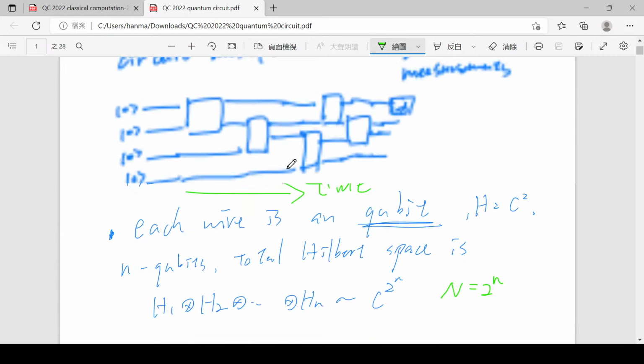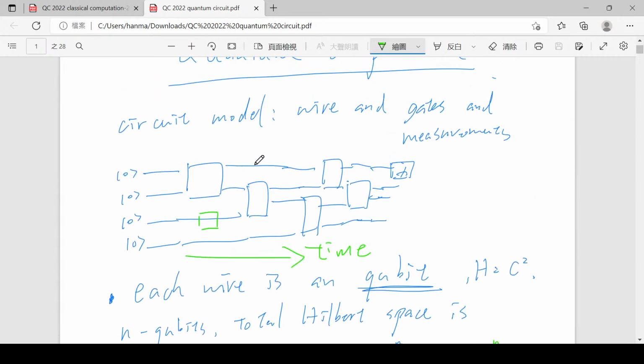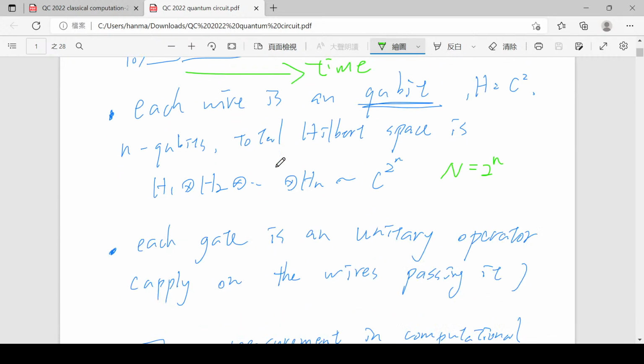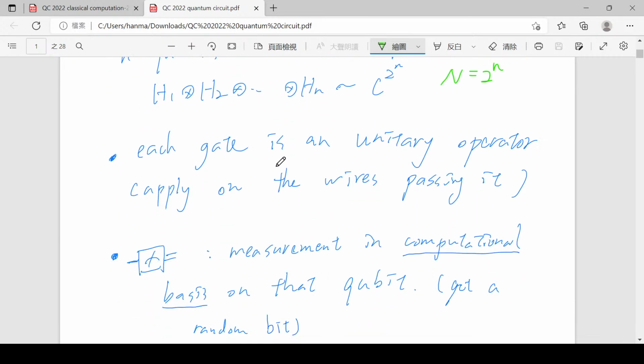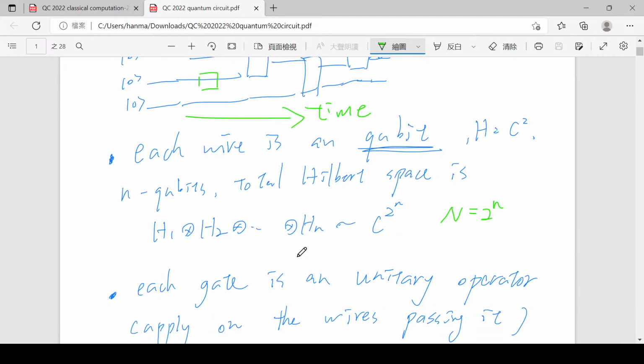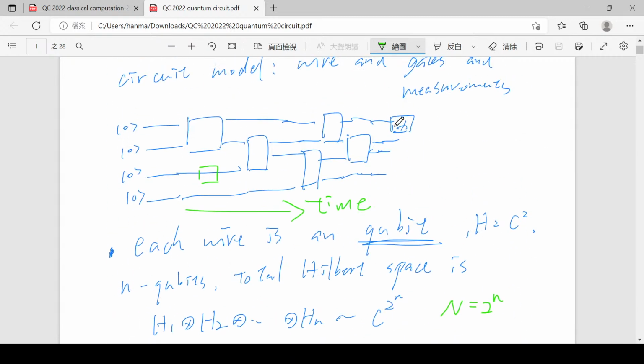But here in this circuit model, for simplicity of notation, we say that all the measurement is just the simplest measurement, the measurement in the computational basis. Usually they only apply on 1 qubit because if you measure everything in the computational basis, it's the same as measuring everything separately in the computational basis.